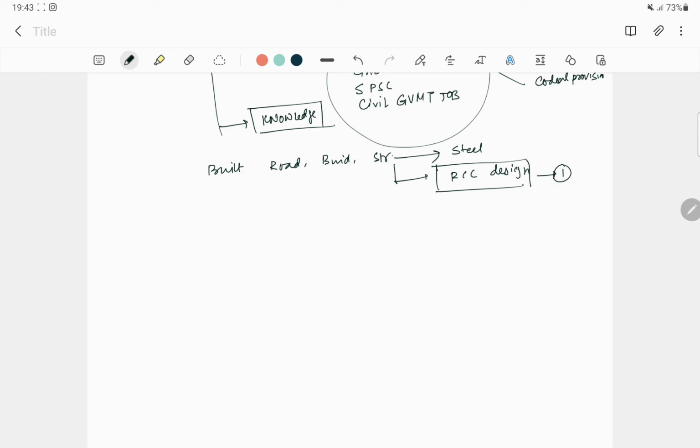What is point number two? In your college, either you are a BTech student or a diploma student, you read about shear force diagram and BMD. You find the maximum value of BMD. Then you learn how to solve indeterminate structures, the three moment theorem, and the moment distribution method.